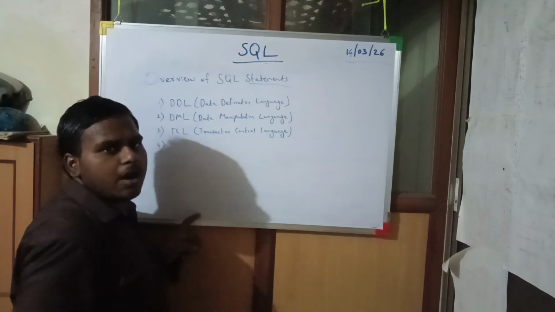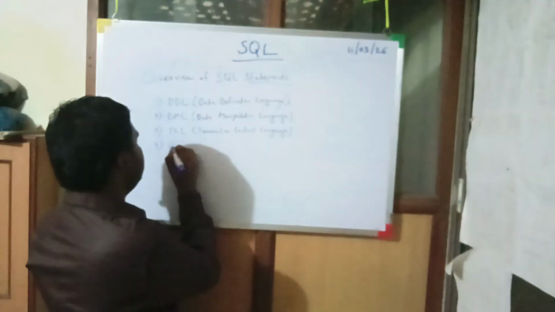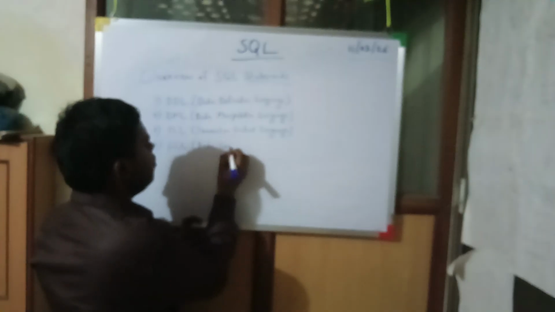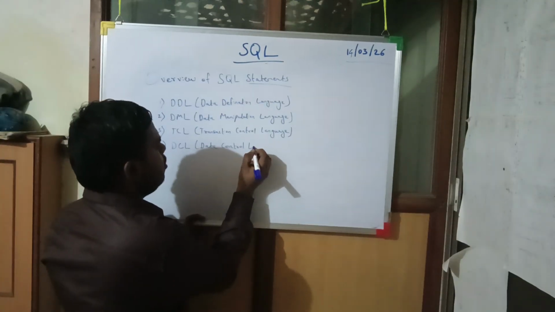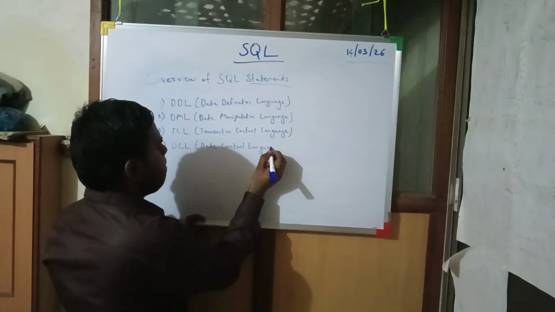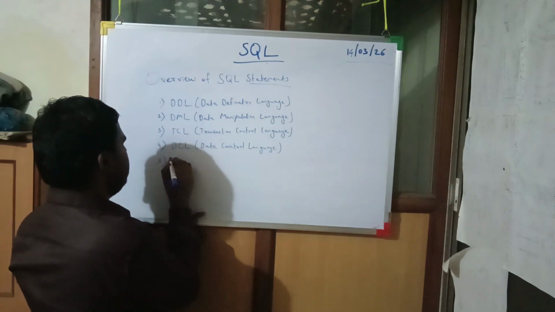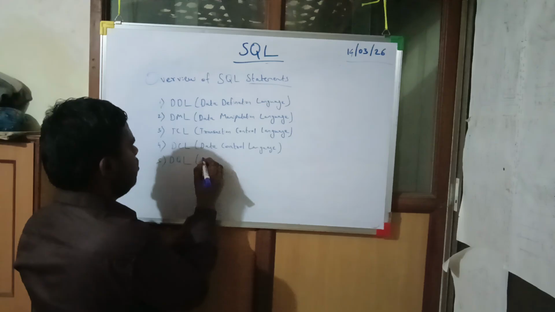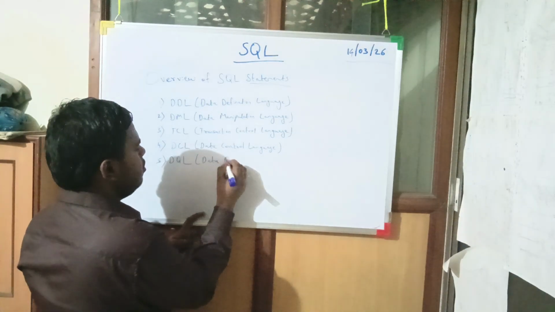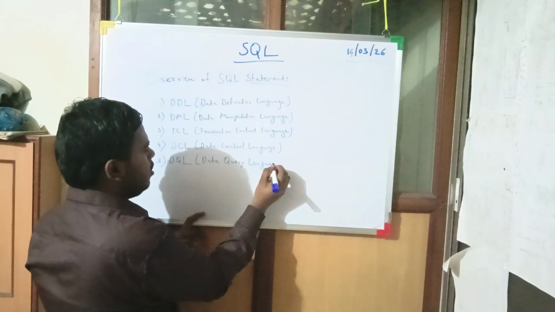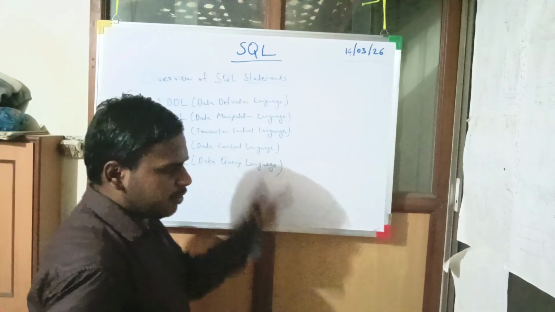Fourth, after TCL, is DCL, data control language. After that, fifth is DQL, data query language.